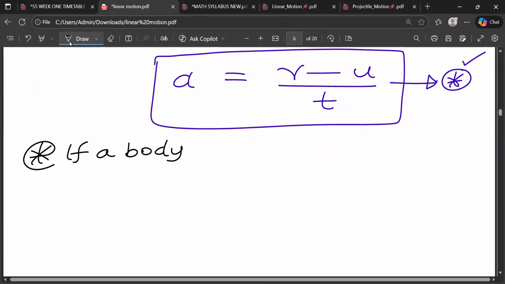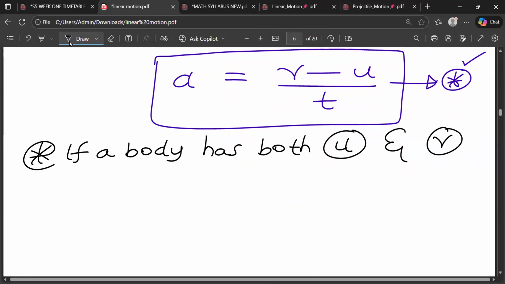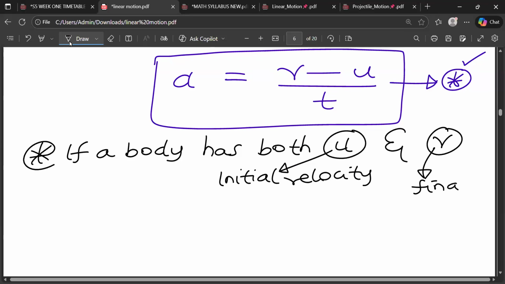If a body has both u and v, you all know that u is the initial velocity, and then our V is the final velocity.